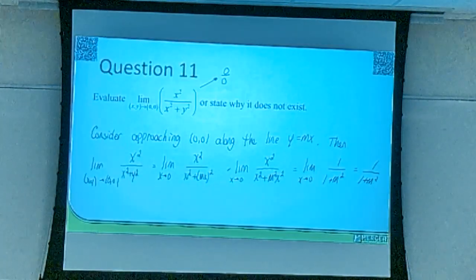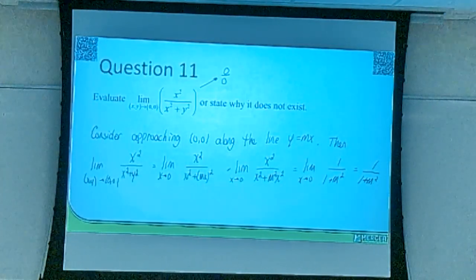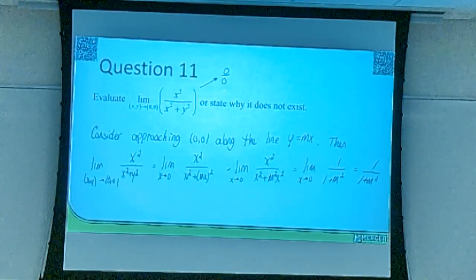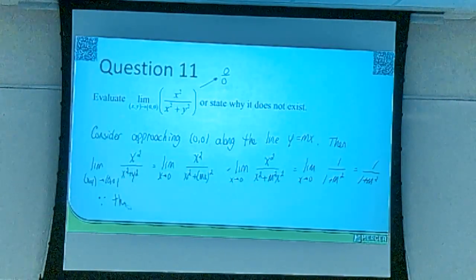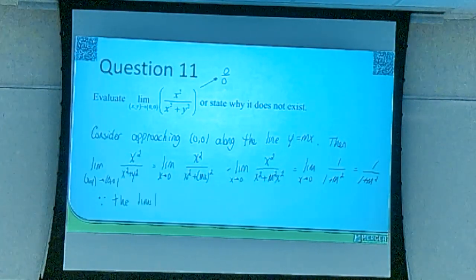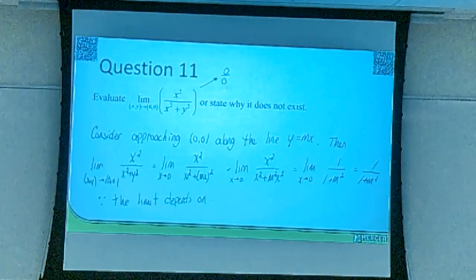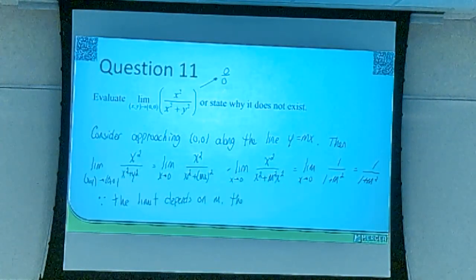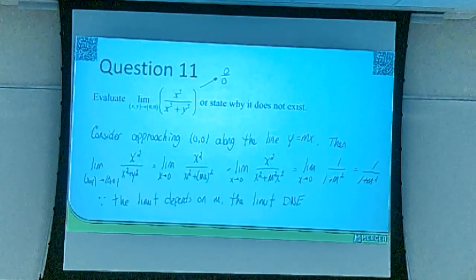The limit's not the same on all those paths, so the limit can't exist. Since it depends on m, the limit does not exist.